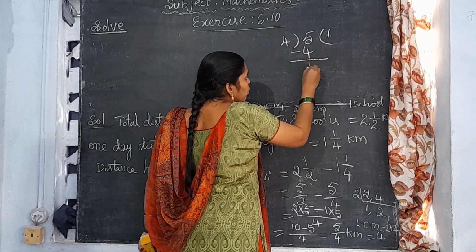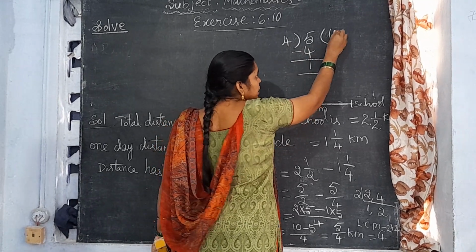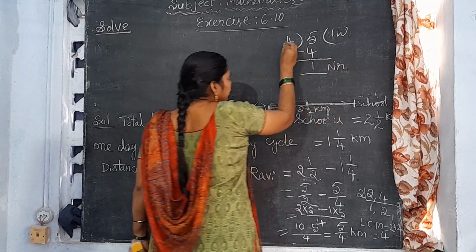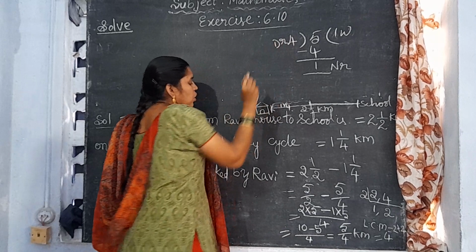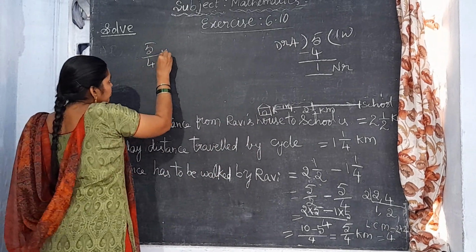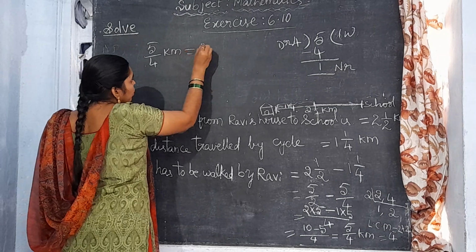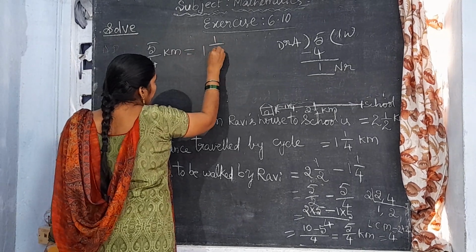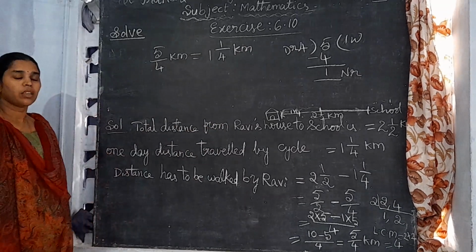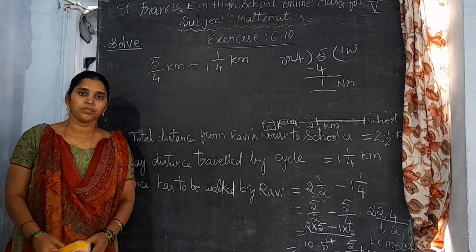Now remainder 1. This quotient is called the whole number, the remainder is called the numerator, and the divisor is called the denominator. So 5 by 4 kilometers can be written as 1 1/4 kilometers. That's all. Is it clear, children?